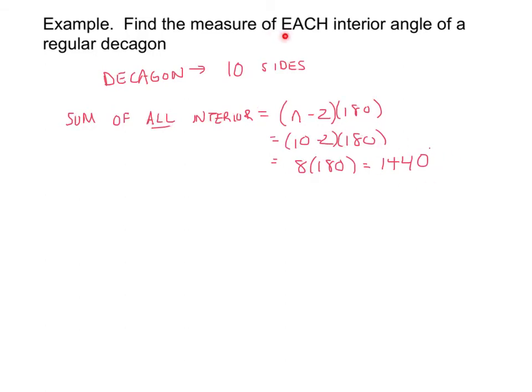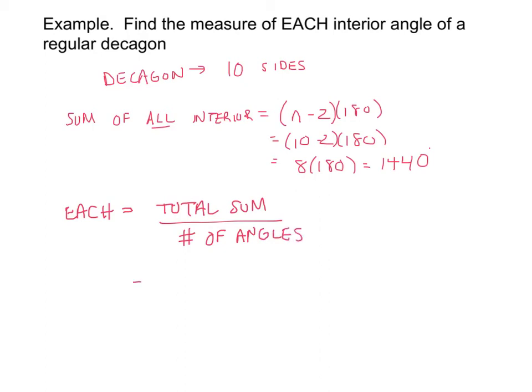But it says find the measure of each interior angle. So to do this, to find the measure of each interior angle, we need to take the total sum, and we need to divide this by the number of angles.